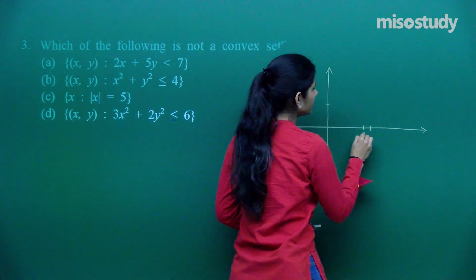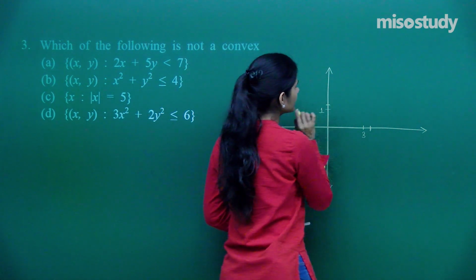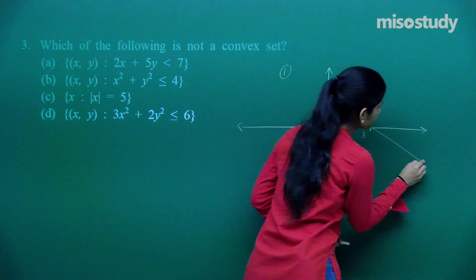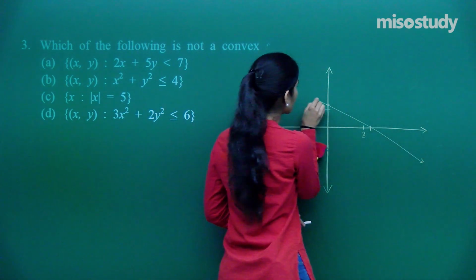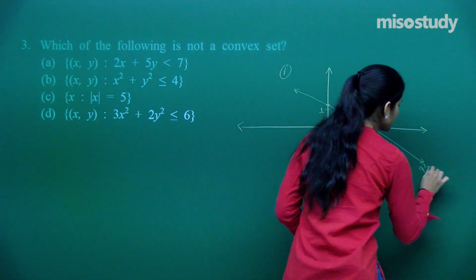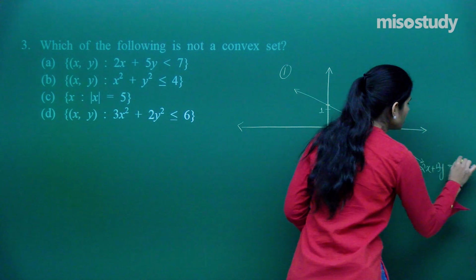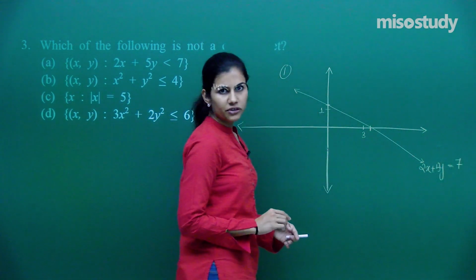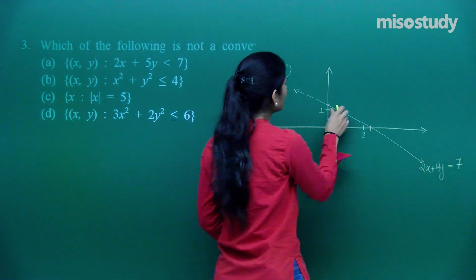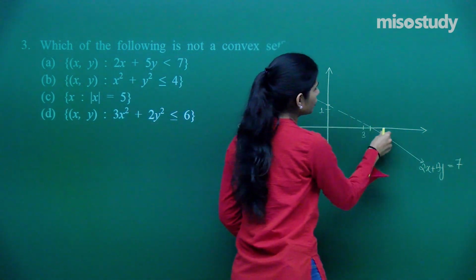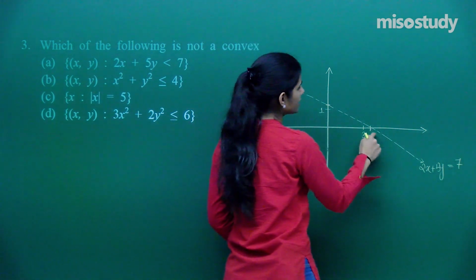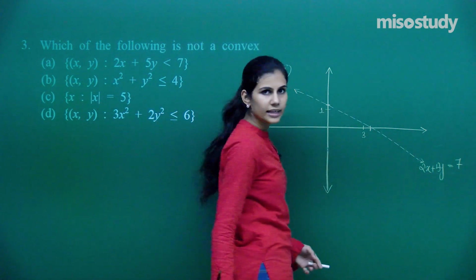So when you join these two, you get the straight line representing 2x plus 5y equal to 7. Because I am not interested in the points which satisfy 2x plus 5y equal to 7, this line will be drawn as a dotted line.